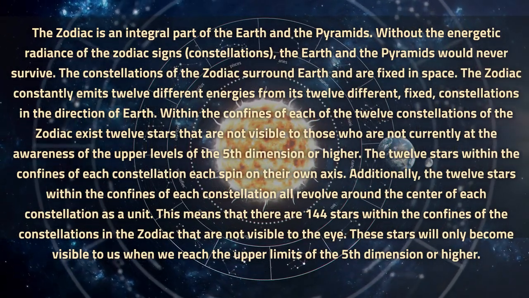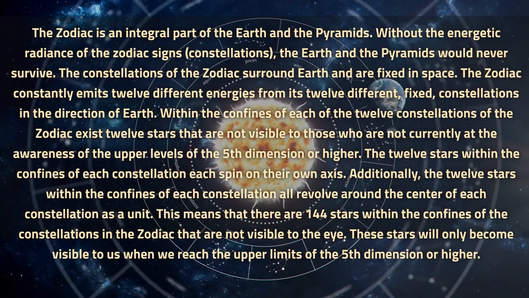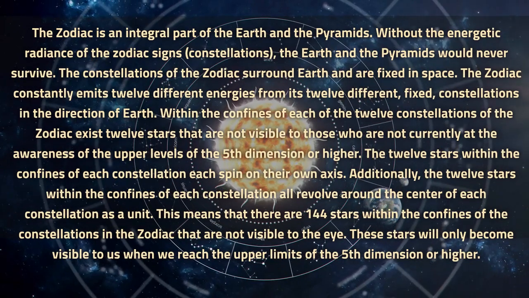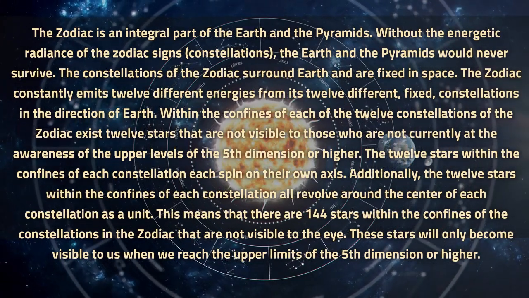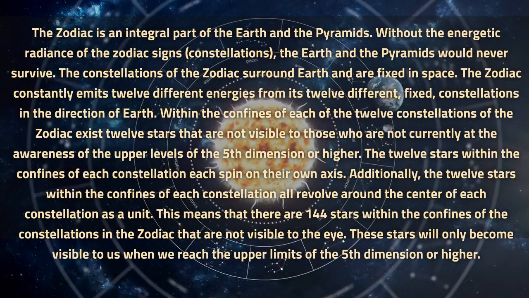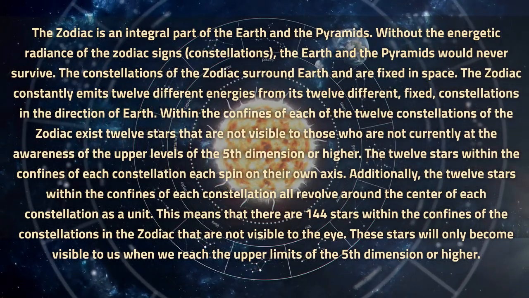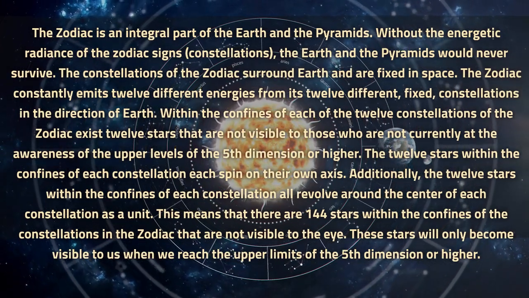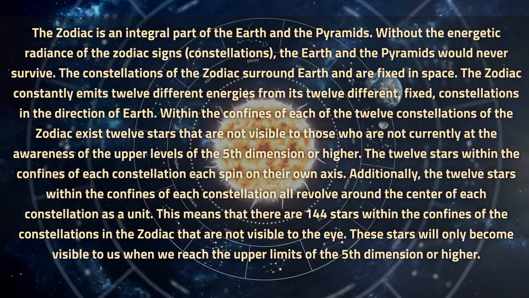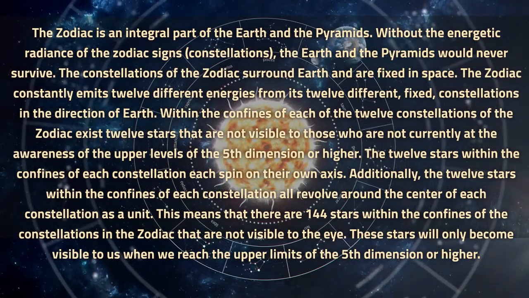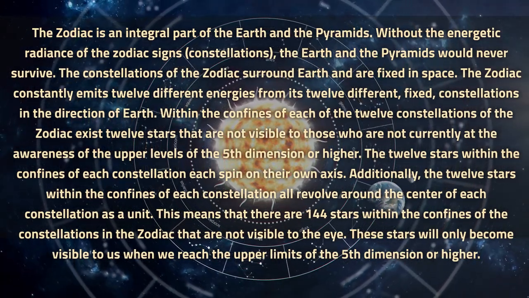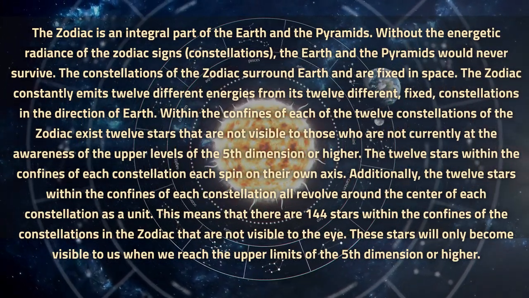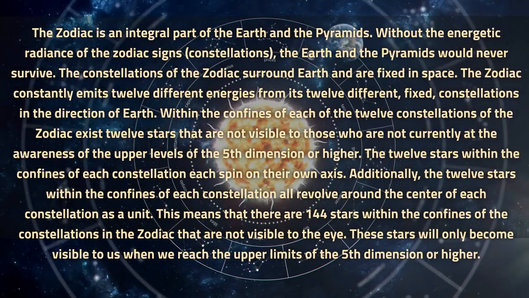Within the confines of each of the 12 constellations of the zodiac exist 12 stars that are not visible to those who are not currently at the awareness of the upper levels of the fifth dimension or higher. The 12 stars within the confines of each constellation each spin on their own axis. Additionally, the 12 stars within the confines of each constellation all revolve around the center of each constellation as a unit.